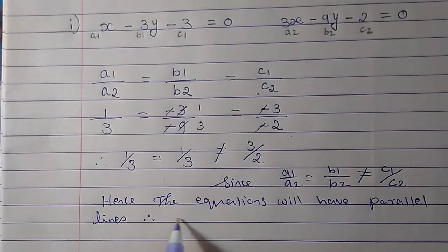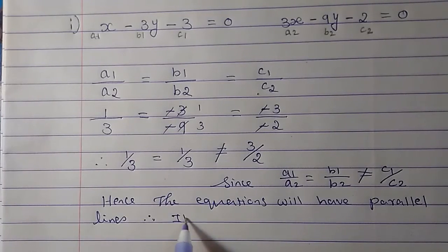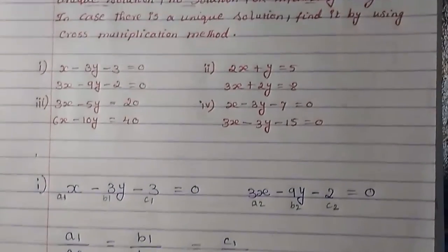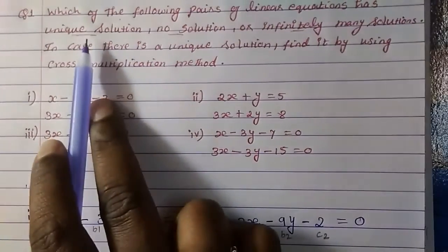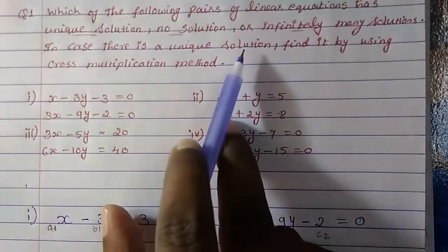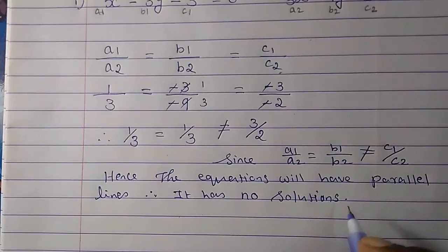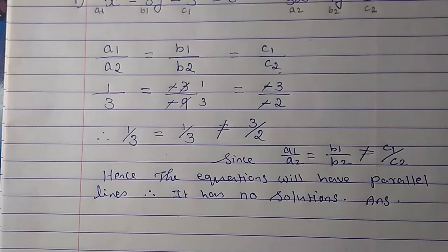Therefore it has no solutions. So when there is no solution, according to the question, only if there is a unique solution, we have to find it by the cross multiplication method. Here since there is no solution, our answer ends with this. Next, the second sum we'll see in the next video.